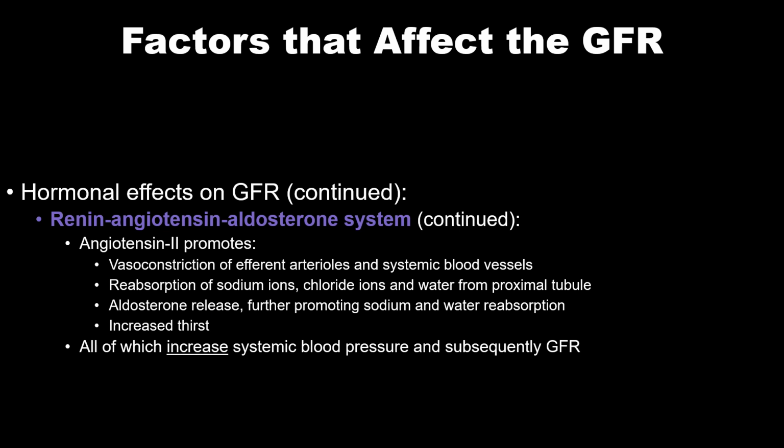Now, angiotensin 2 has different simultaneous effects that influence both systemic blood pressure and the GFR on its own, including promotion of vasoconstriction of the efferent arteriole. Okay, so it's going to vasoconstrict the blood vessel that leaves the glomerulus, backing up that pressure.